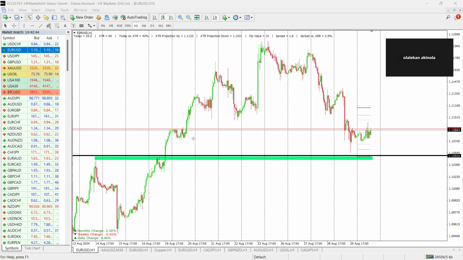Let's assume this is a support level, and then a red candle comes, one like this, to test the level, forming or ending up like this, or one comes like this, testing the level, or you have one like this.